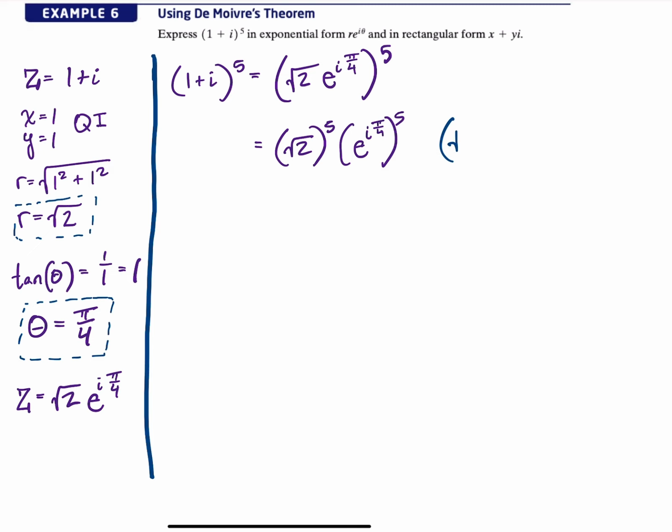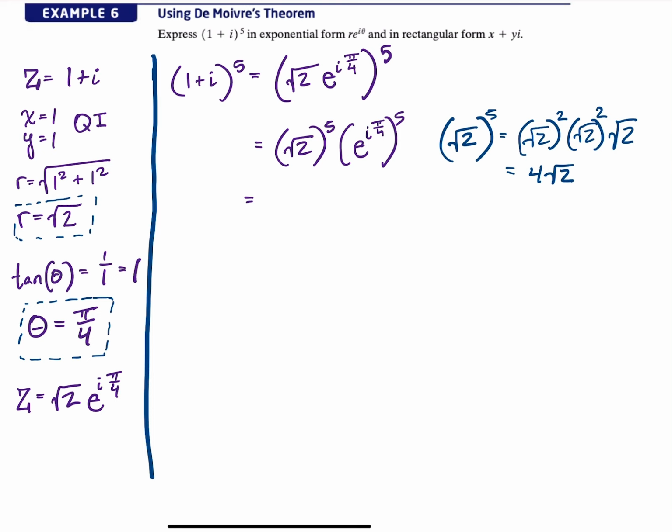The square root of 2 to the 5th power, what would that be? Well, that's like the square root of 2 squared times the square root of 2 squared times the square root of 2. 2 plus 2 plus 1 gives us our 5th power. And both of those squares will cancel, so we end up with 2 times 2 times the square root of 2, or 4 root 2.